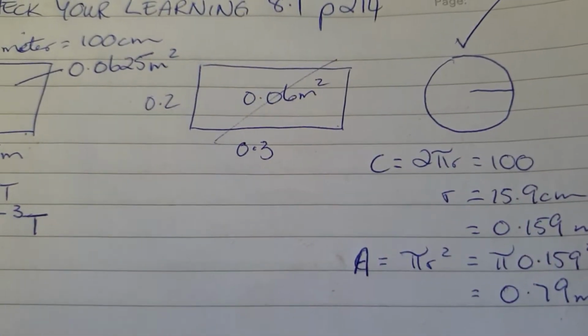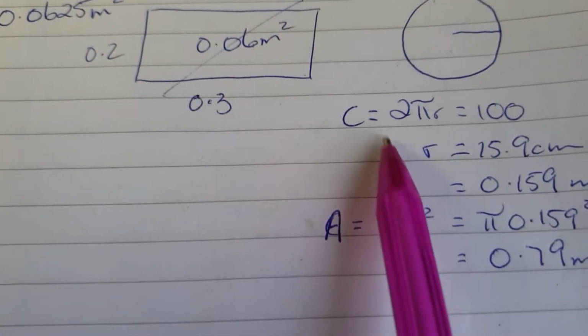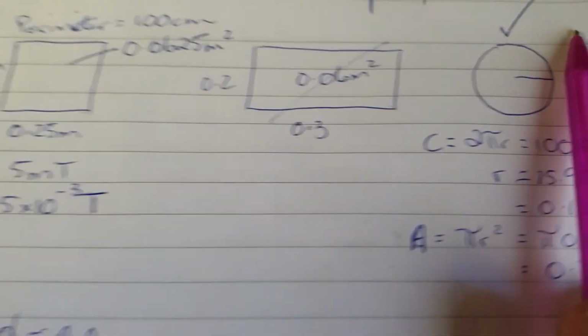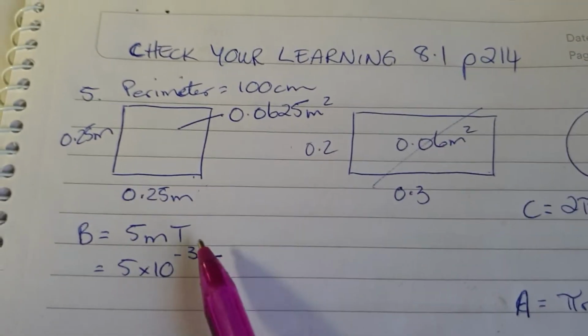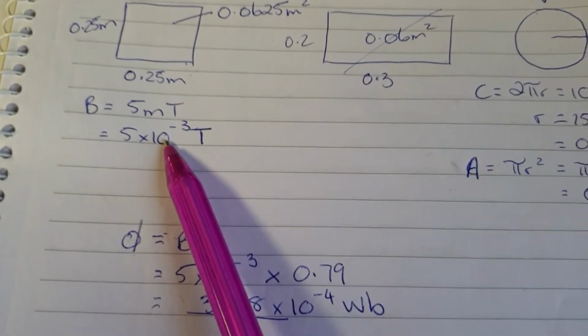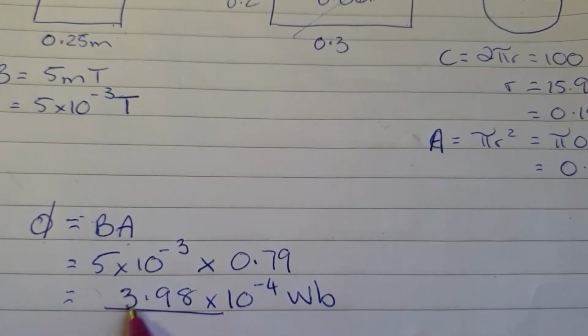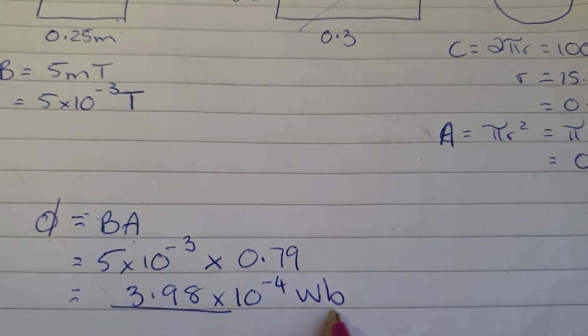We work backwards from the circumference to get the radius and then the area. It actually gives us the biggest, indicated by this tick. And that was the size of our magnetic field. So we just need that area that we calculated, times the magnetic field, and this is the flux measured in Webers.